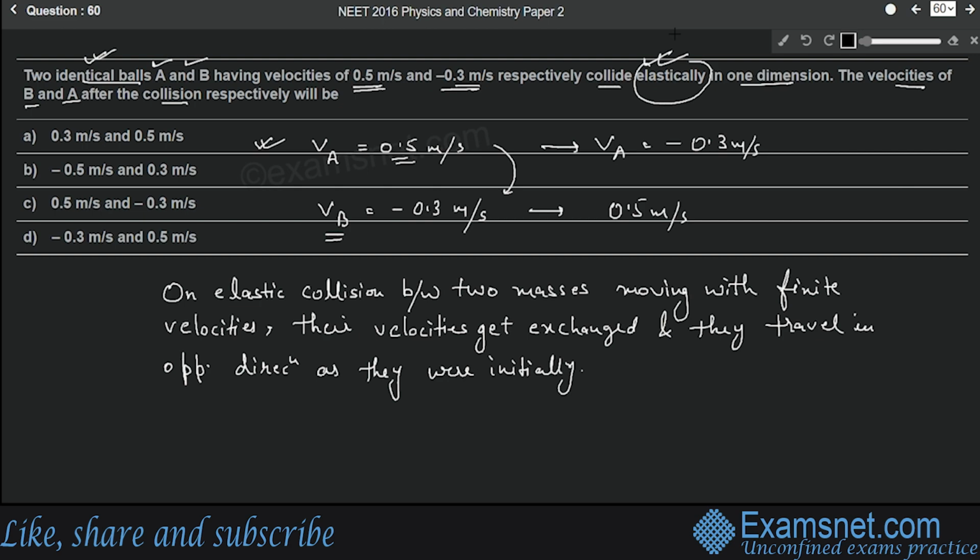So the direction changes compared to the initial direction and the velocities are exchanged. The question asks for the velocities of B and A respectively, so first we write the velocity of B, which is 0.5 meter per second, and then A, which is minus 0.3 meter per second. That means option number C will be the correct answer.